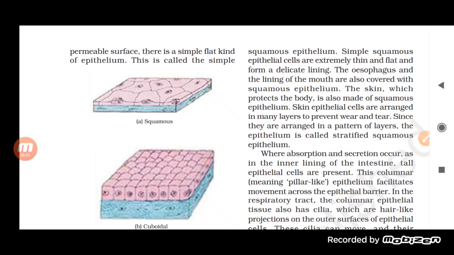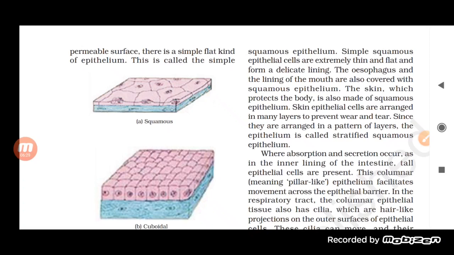The skin, which protects the body, is also made up of squamous epithelium. What you must know is the location of the different epithelial tissues. Talking about the simple squamous epithelium, we have seen the lungs and alveoli where the exchange of material takes place, the esophagus, the lining of the mouth, and the skin, all consisting of squamous epithelial tissue.